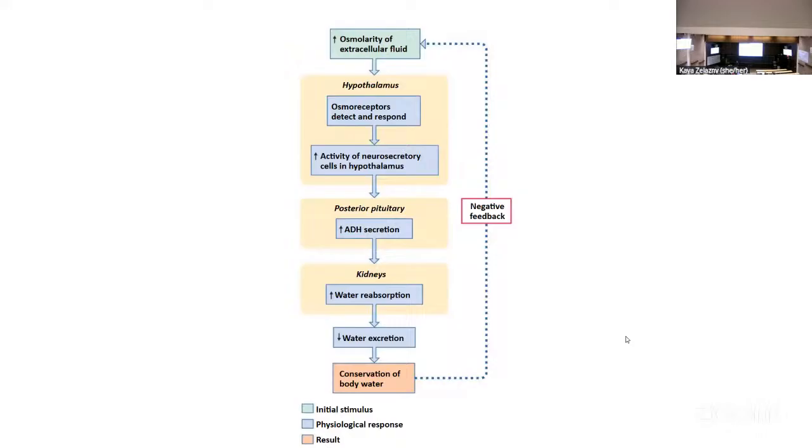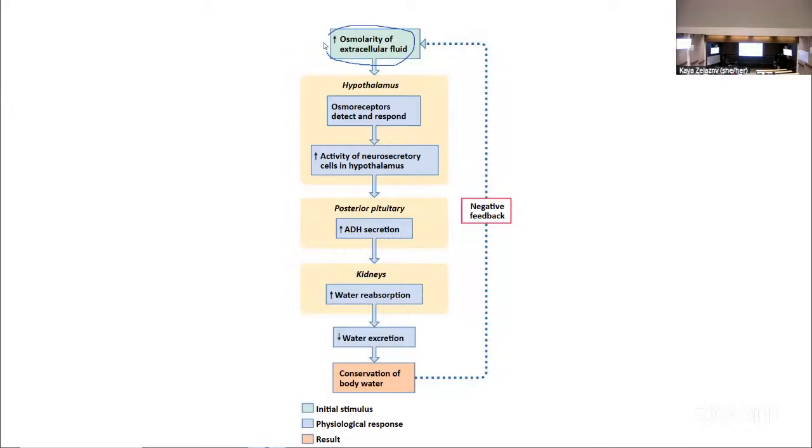Okay. So here we're looking at some of those pathways in a little flow chart. What we're looking at is a situation where we have high osmolarity in our extracellular fluid. Plasma is one of our types of extracellular fluid, so this can be our bloodstream. And we have this reaction in our brain that's detect and respond.